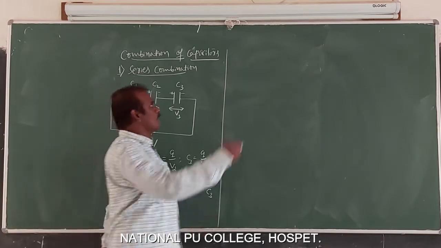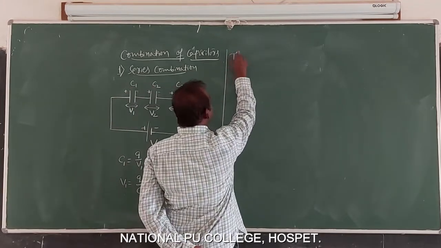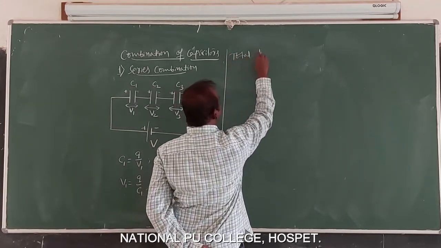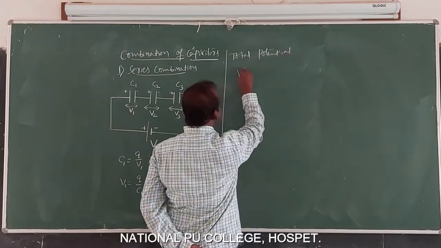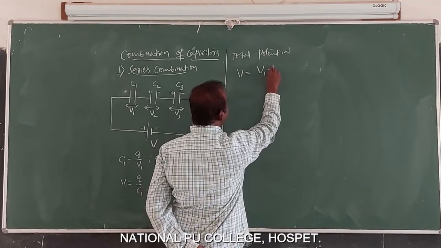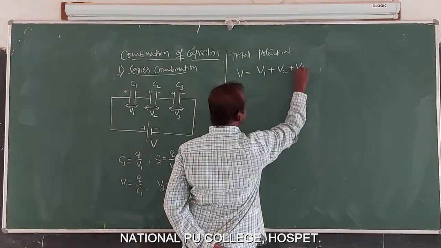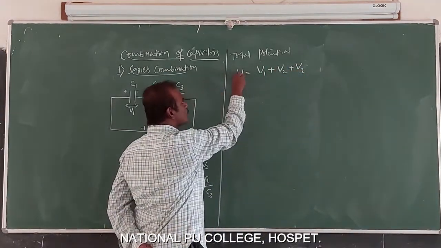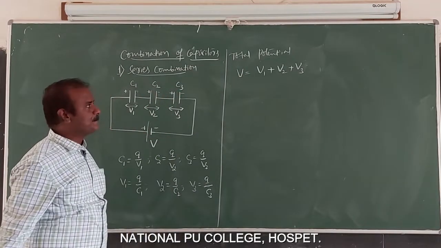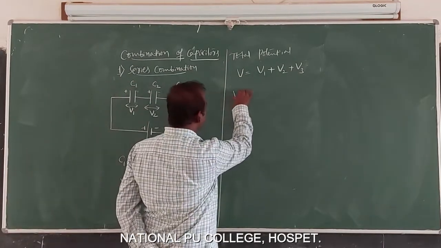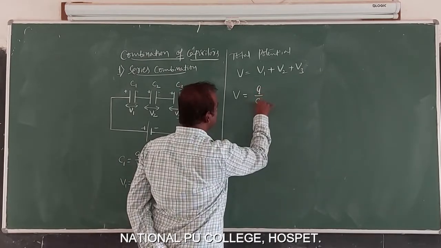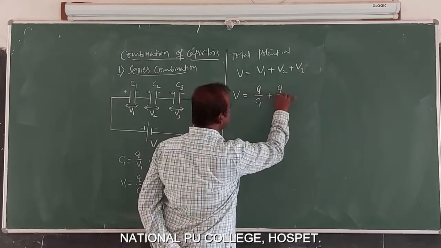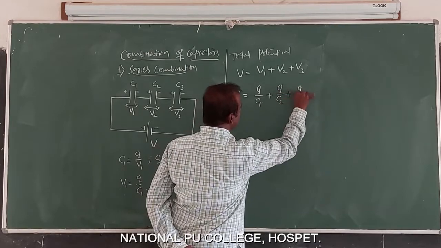Therefore, total PD, V is equal to V1 plus V2 plus V3. Remember students, this is the total potential supplied by the battery. V is equal to Q by C1 plus Q by C2 plus Q by C3.